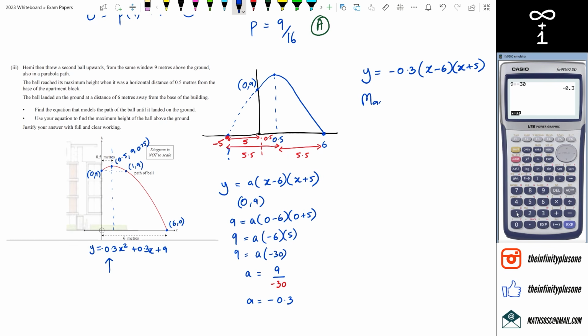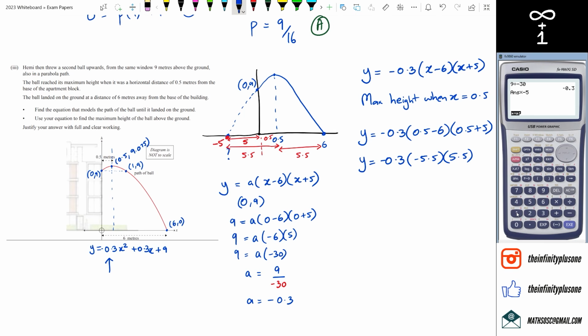Now the maximum height happens when x is equal to 0.5. So y is equal to -0.3 times (0.5 - 6) times (0.5 + 5), and we're going to get -0.3 times -5.5 times 5.5, and that gives us 9.075.